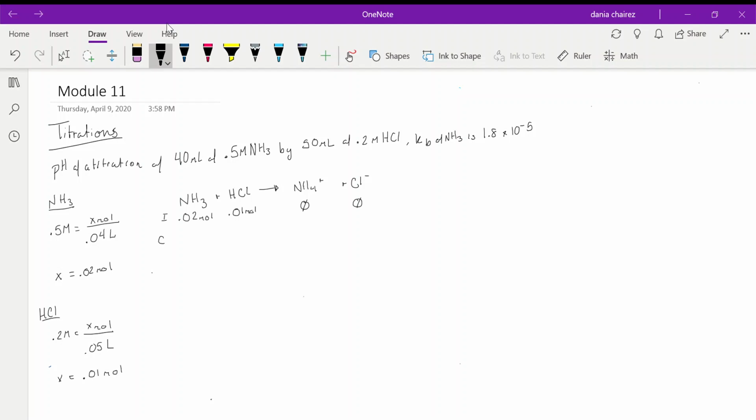So our change with titrations is always going to be our limiting reagent, which in this case is the 0.01 because that's the smaller number of the two. So our change is going to be minus 0.01, minus 0.01, plus 0.01 for our products because that's what's being created, and our final, slash equilibrium, but I'm going to say final, is 0.01 moles, 0, and 0.01 for both our products.